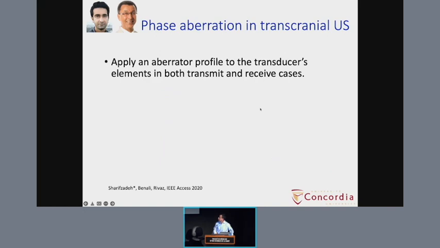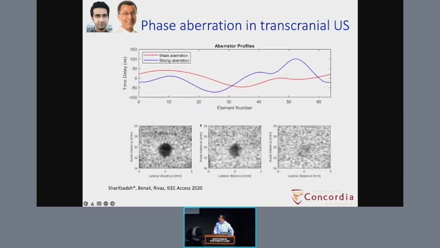So this is a work that was done by my PhD student, co-supervised with Habib. So in this work, he simulated different aberration profiles. So here we see a weak aberration, the red curve, and a strong aberration, the blue curve.